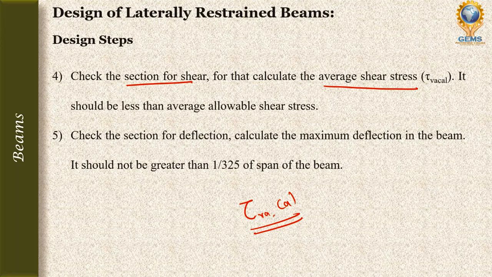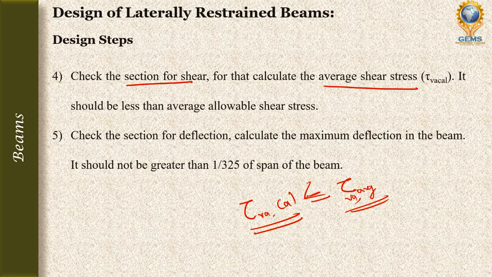This sigma VA should be less than or equal to the permissible sigma VA average. Otherwise, if it is not less, we have to select another section.